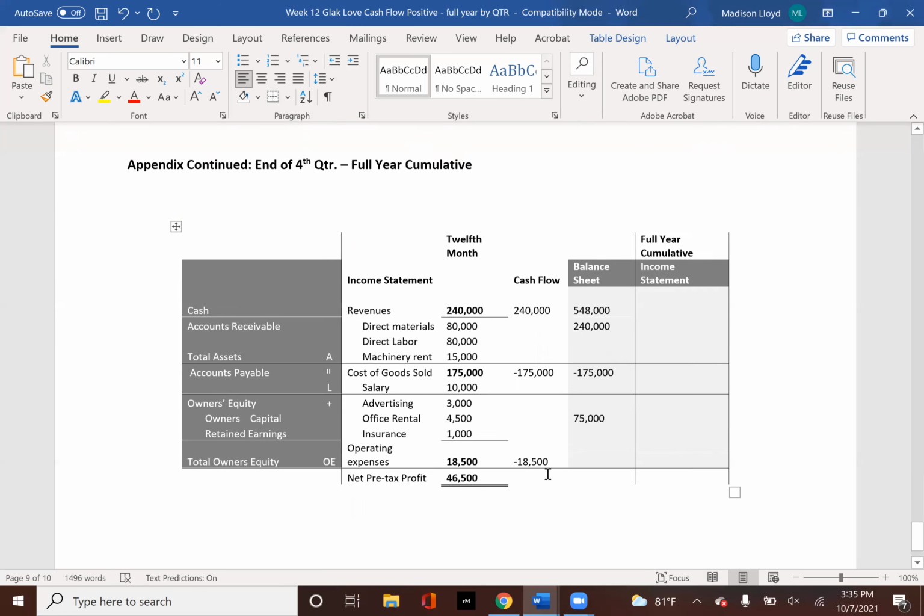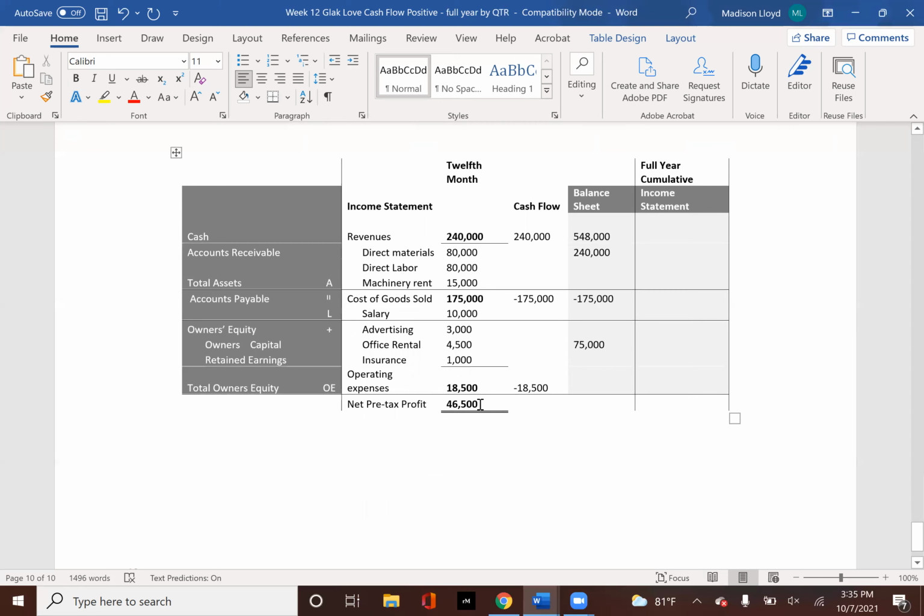And you're going to add this month's profit to it, this month's earnings. And you come out with $538,000. Add your earnings plus your capital to get your total owner's equity, which is $613,000. Okay.